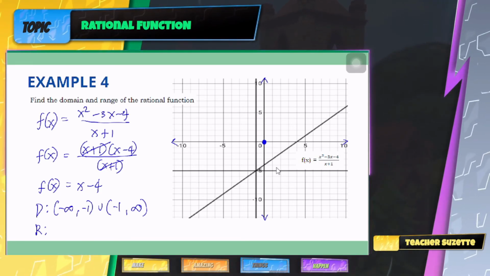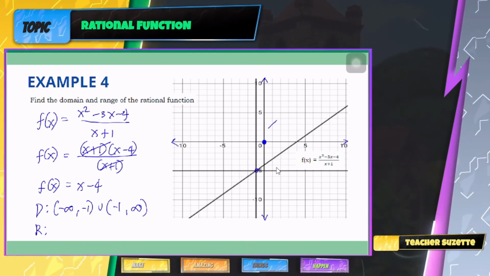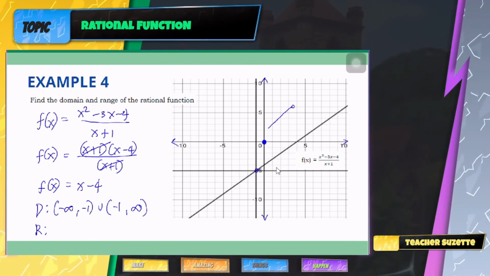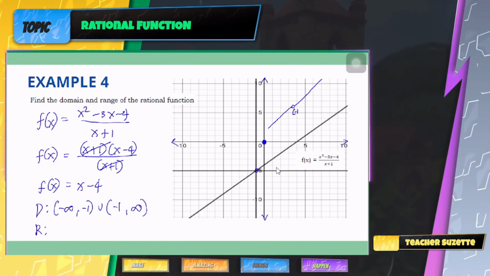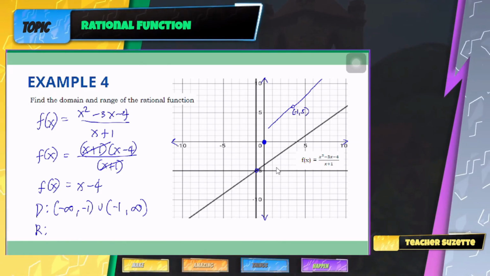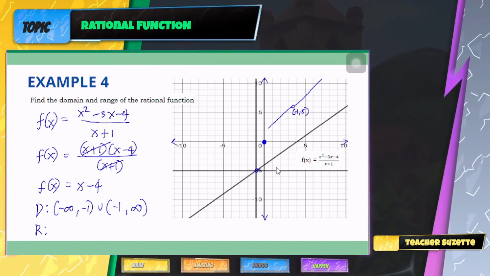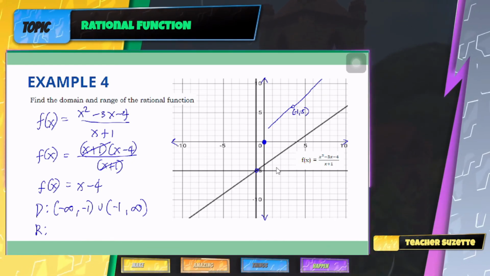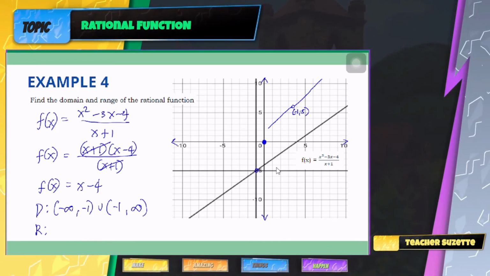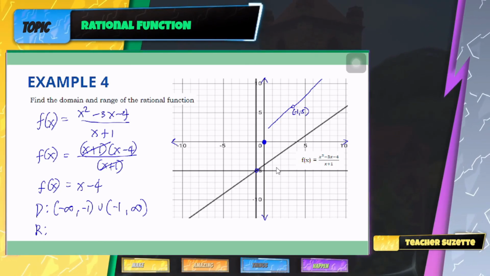Dito po sa point na yan, actually dapat parang butas na circle. O yung pag dinraw mo yan sa diagram, ganito yan. Yang ating negative 1, comma 5. Kasi, negative 5 rather. Negative 5. Kasi at that specific point, ay magkakaroon ka ng loop or hindi siya kasama sa set of domain and range mo.